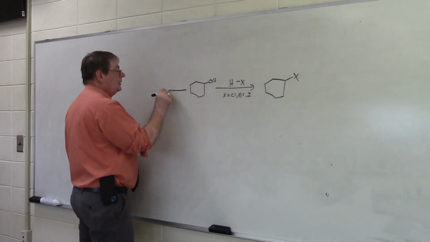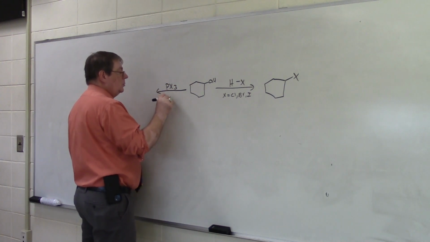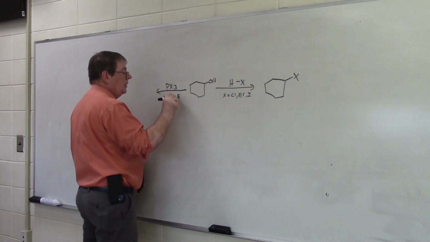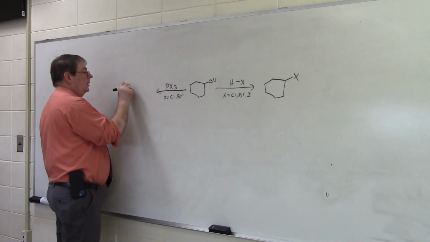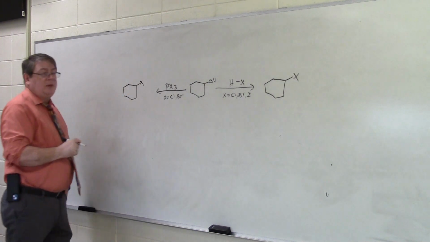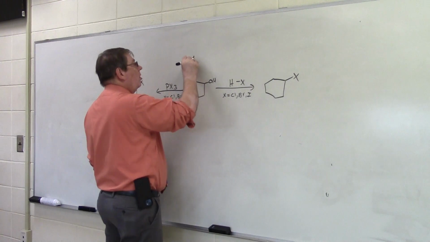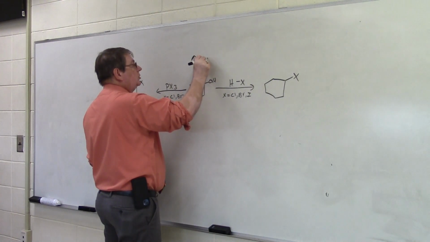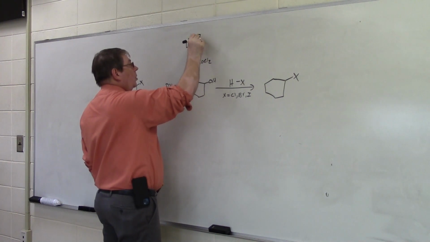I can also react an alcohol with PX3, where X is chlorine or bromine, and I can make alkyl halides. It's another reagent to do the same thing. I can react the alcohol with SOCl2, that's thionyl chloride, and I can make alkyl chlorides.